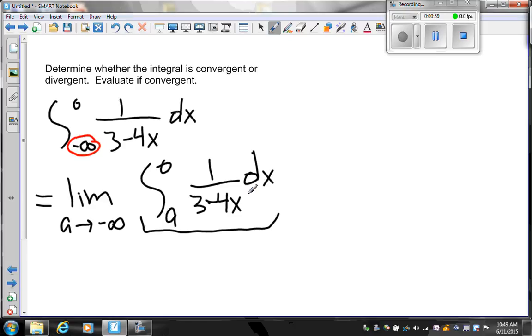So let's take our definite integral and evaluate it, and then we can apply the limit. We have the integral from a to 0 of 1 over 3 minus 4x dx.